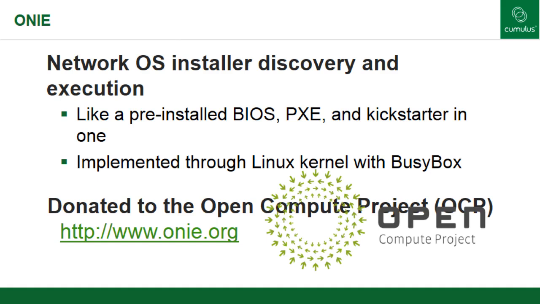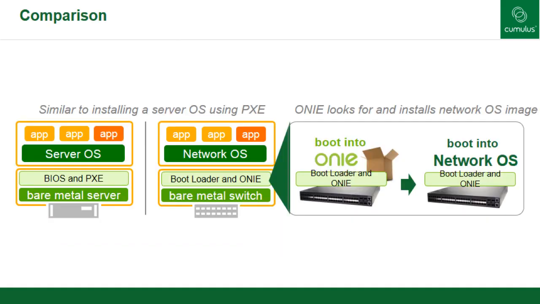So with ONI, I think this is very important, you can install your switches just like you do your servers. With a server, you have a bare metal server. BIOS and PXE is already on that server when you purchase it. And then you use your system tools to install your server OS, and then use any other applications to manage and configure your servers.